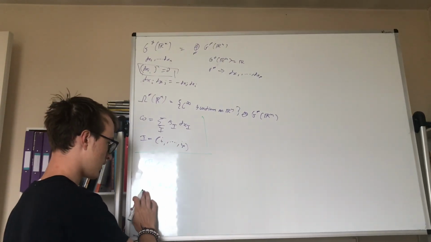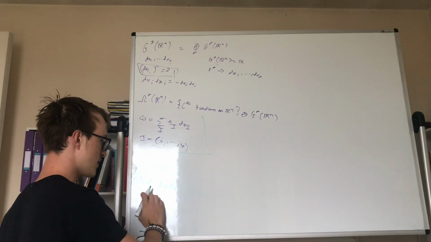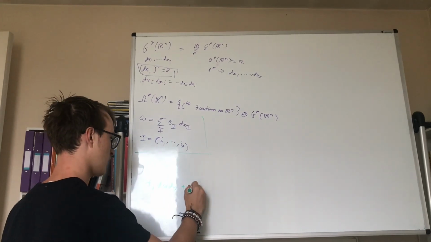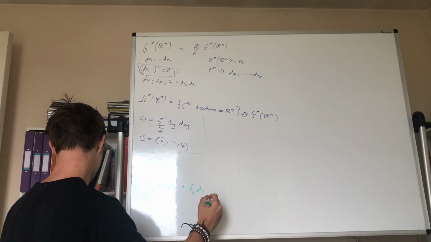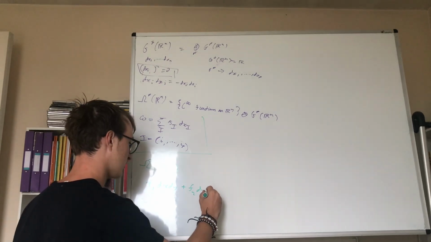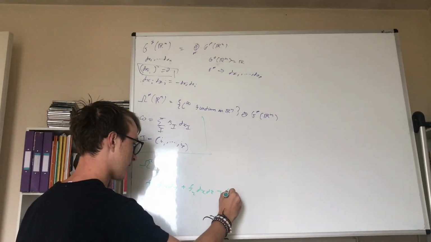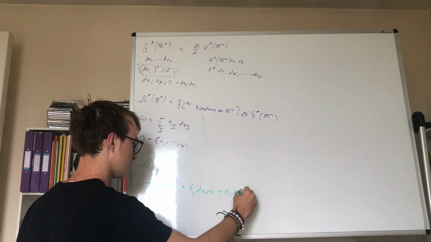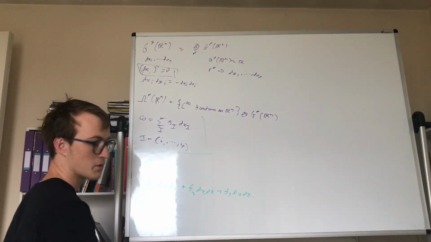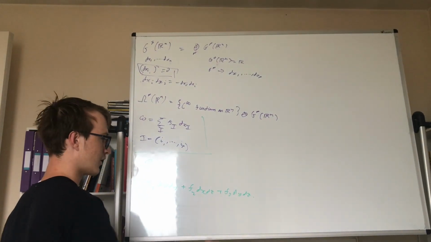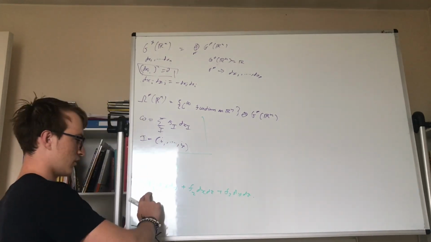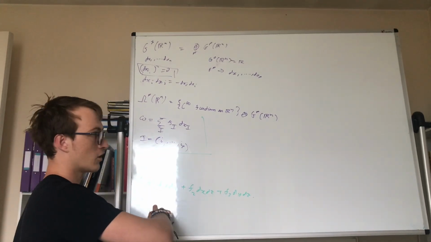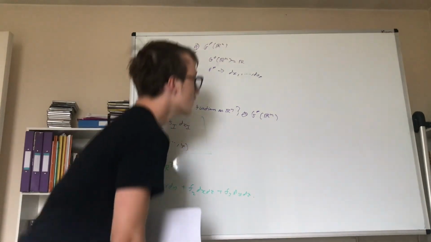So we have a C infinity function on R3 times dx dy plus f2 dx dz plus f3 dy dz. And those are all the combinations that are not zero. So this is what a two-form on R3 would look like, where again all of these are C infinity functions on R3.